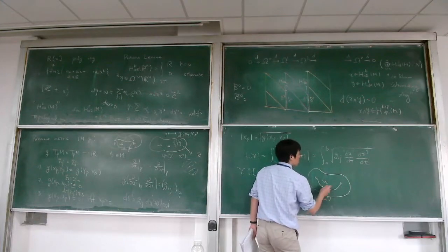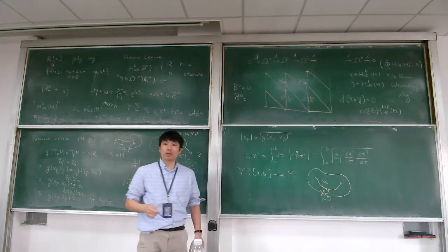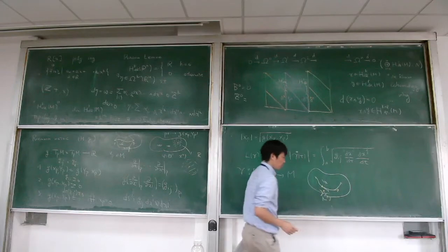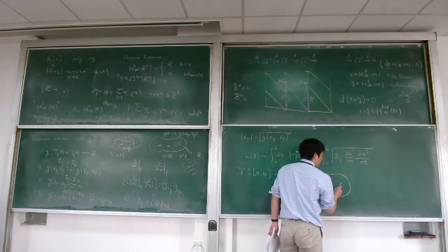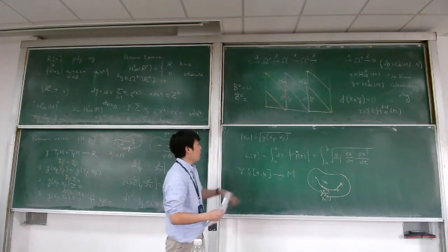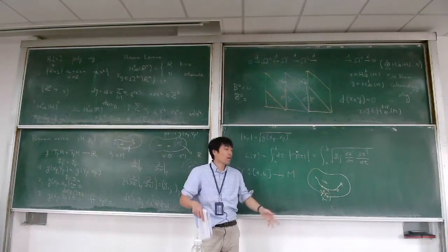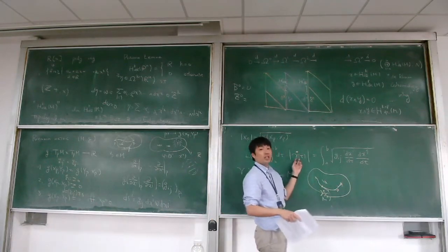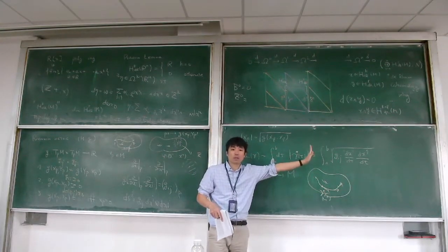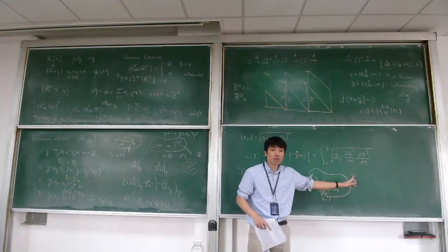Don't forget the dot here. It's just the derivative with respect to t. At the point, one has the tangent vector for this curve. The Riemann metric gives the length of the tangent vector, and you integrate the length of the tangent vector along this curve. That gives you the length of the curve.